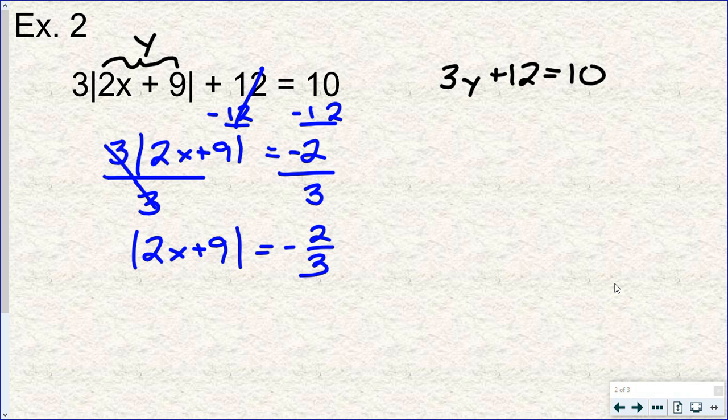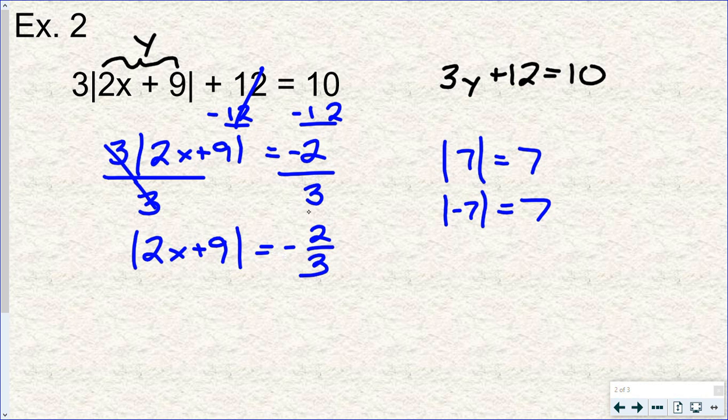Let's stop here for a second. Remember, back on the first slide, I said whatever's inside the absolute value, you will always get a positive value out. If I put 7 in here, the absolute value of 7 is 7. The absolute value of negative 7 is 7. So when I get an absolute value equal to a negative number, that's impossible.